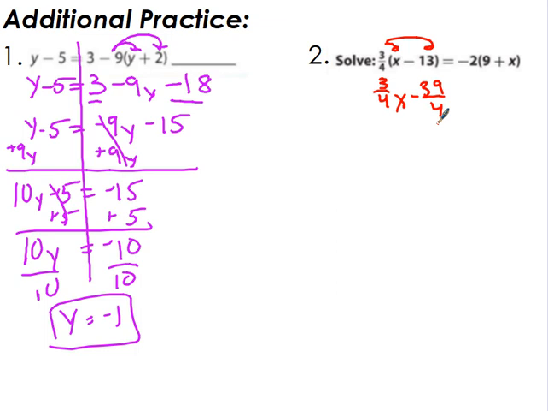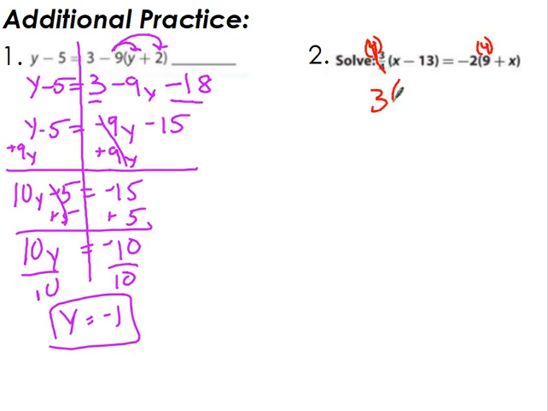So what we could do instead is multiply everything by whatever my common denominator is to get rid of the fraction. So I could multiply by 4. But I'm only multiplying the values outside of my parentheses by 4. So I only have to multiply the 3/4 by 4 and the negative 2 by 4. So those cancel.